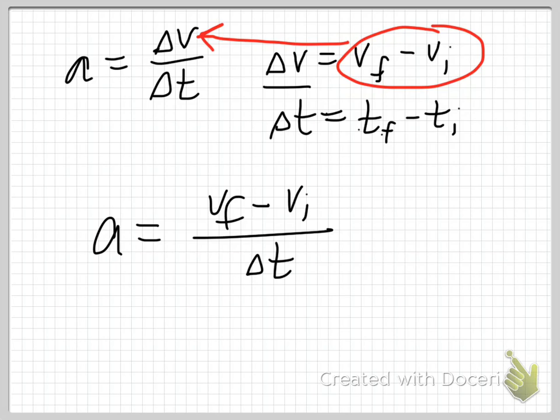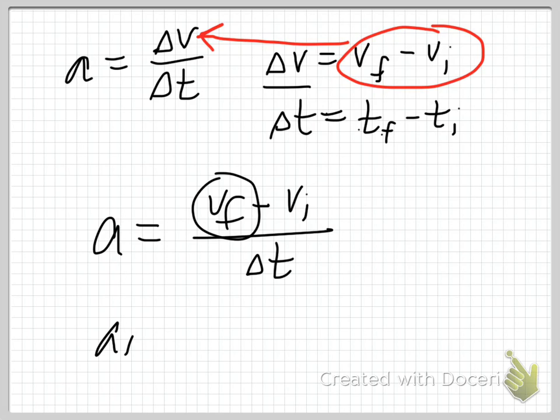When is this useful? Well, what if we want to know how fast something's going at the end? How long is it going to take us to get to that final velocity? What rate of acceleration is required to get from velocity A to velocity B in such a time? So this one is generally arranged to solve for VF. So we're going to do that.